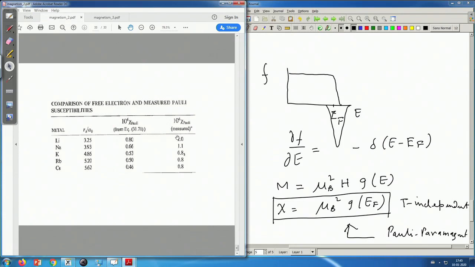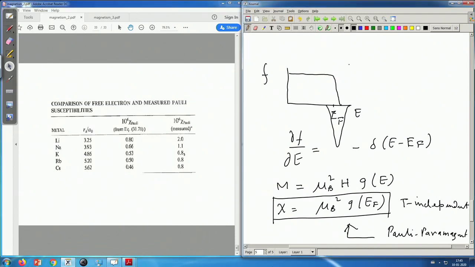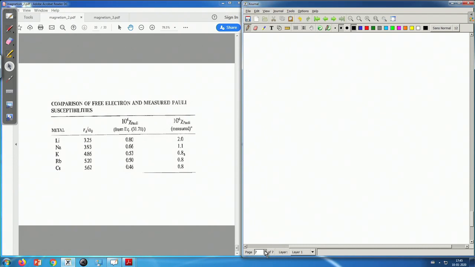The reasons for that are manifold, but as you can see there are many other contributions that come in the susceptibility of a metal. One contribution that is important to note, just in passing I mention, is that there is of course a diamagnetic contribution that always exists, and conduction electrons also have a diamagnetic contribution, right.